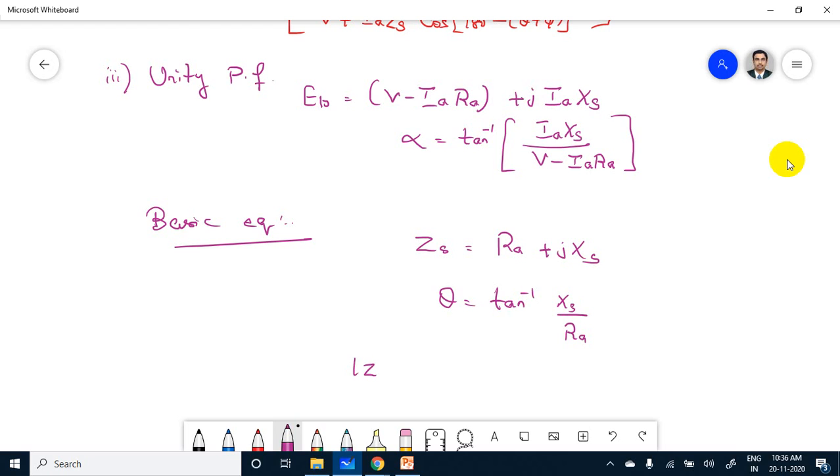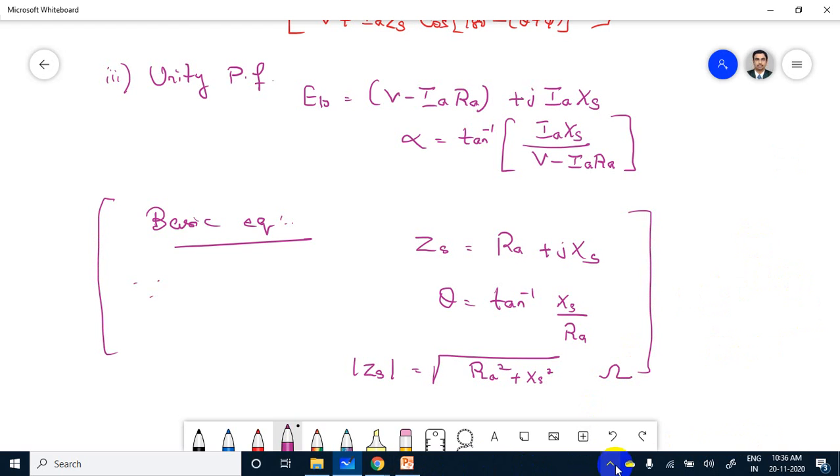Magnitude of Zs is equal to square root of Ra square plus Xs square. The unit is ohms. This is the basic equation. Any doubts, students?